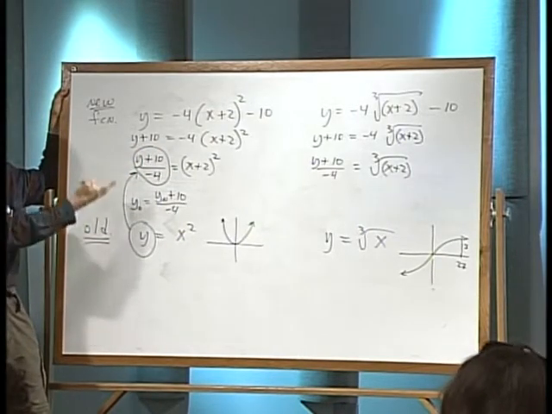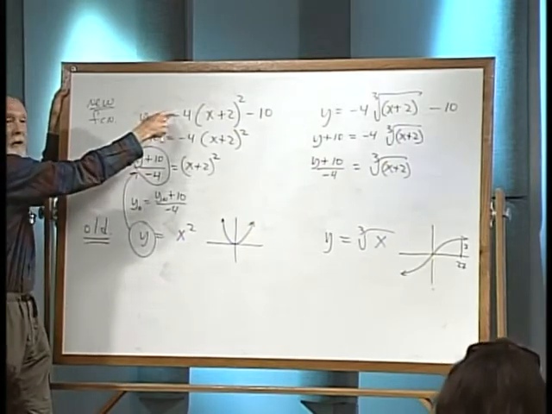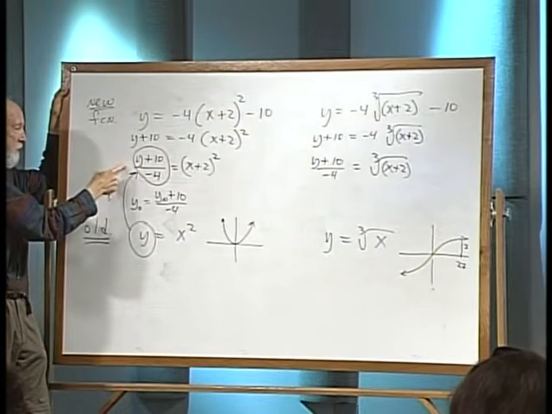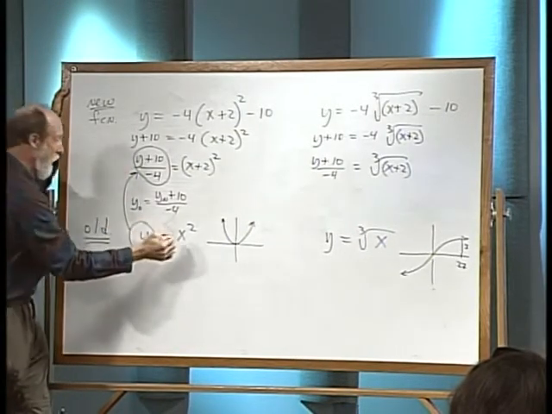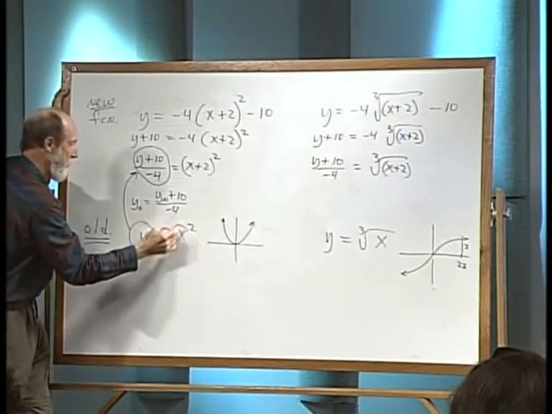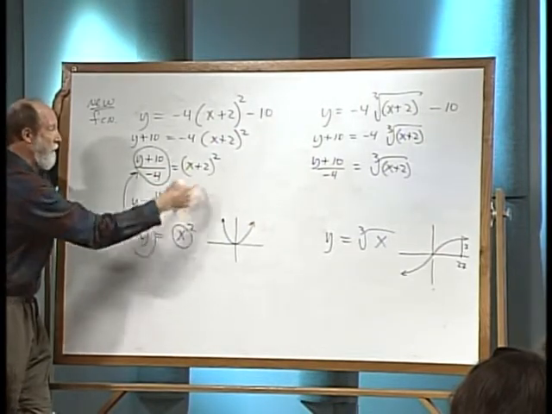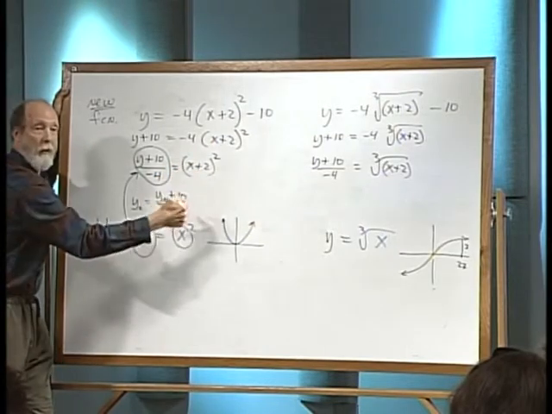Does that make sense? All I did is arithmetic up here to get this thing to look like this. Okay. And all I'm doing, what am I doing to this old x? Plus 2. I'm replacing this old x with this new x plus 2, right?